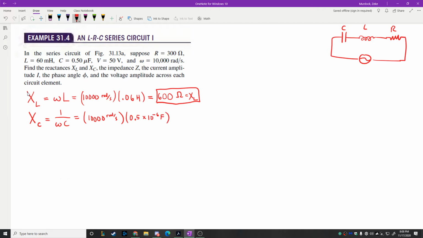And then we need to take that whole thing and invert it, so we'll do to the negative 1 power. How easy is this one to do? This is 1e4, 1e minus 6, so that's 1e minus 2. 200, that sounds about right.